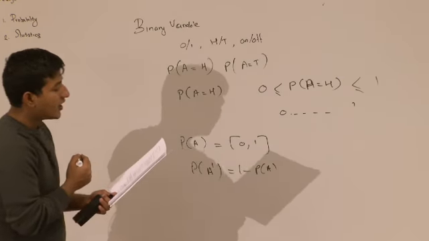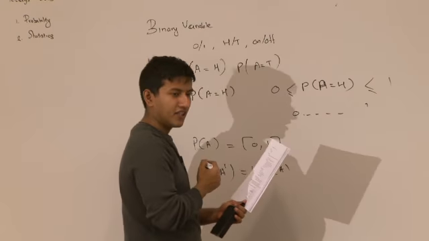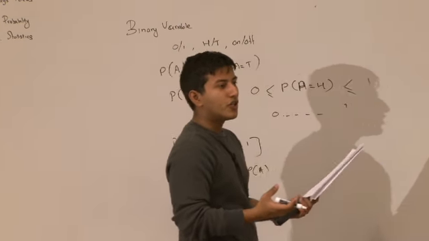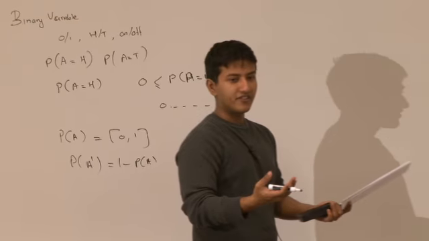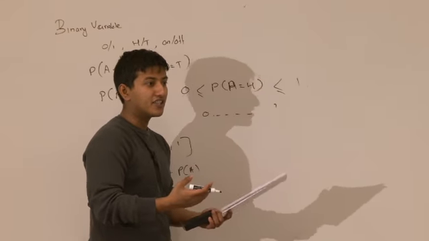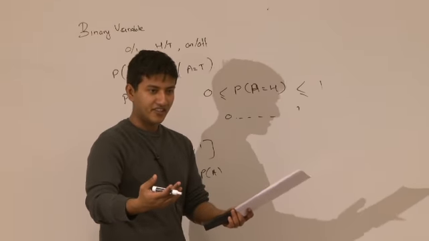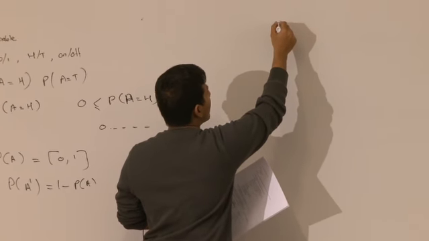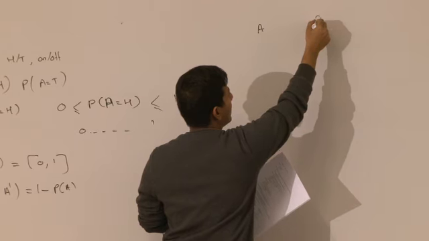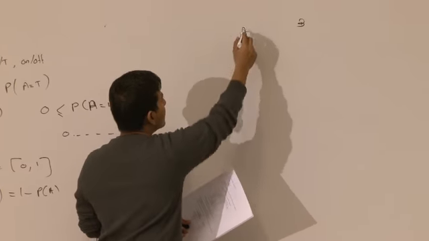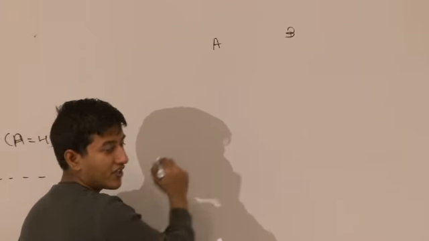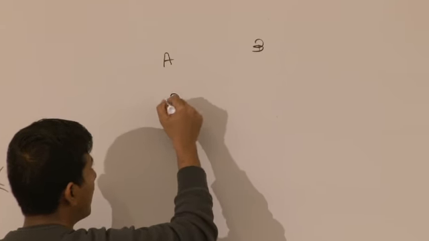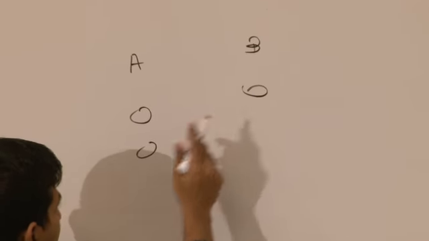If there are two events happening, for example, you are throwing two coins, then we can consider their joint probabilities. Let's say we have a coin A and a coin B. This coin can take two values, as well as this coin can take another two values.